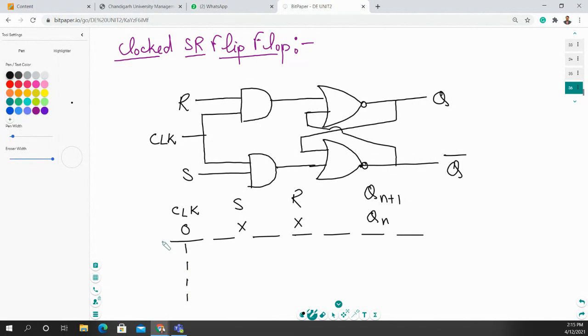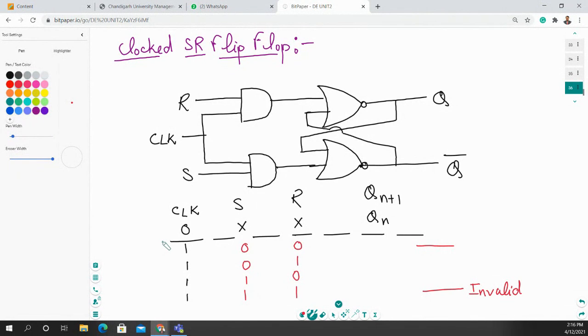Okay, so we cannot consider these as R and output Q n plus 1 state. When clock pulse is 0, I have told you, nothing will happen to the input synchronous signal. When this clock pulse is high, then your input should be changed to the output. And 1 1. These are the 4 possible combinations for this one. Your state is invalid.